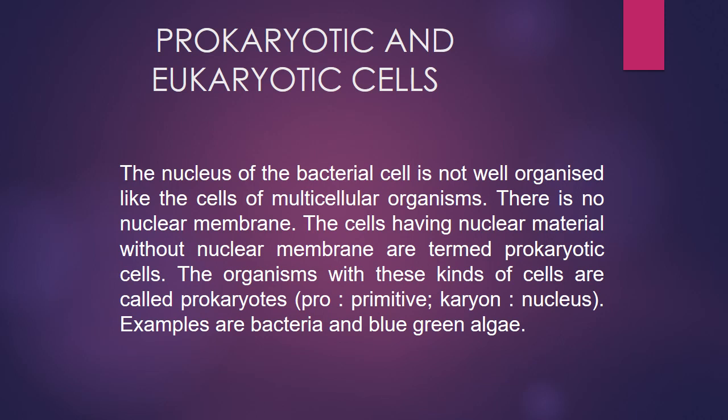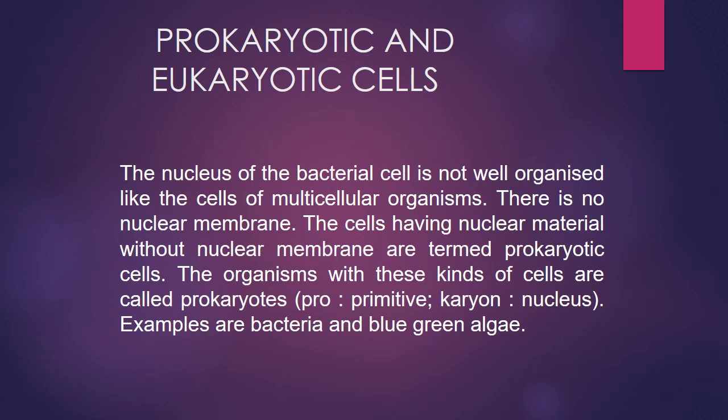In case of prokaryotic cell, the nuclear material is present in the form of thread-like structures only, a tangled mass, and the nucleus is not very well developed, and the various cell organelles are also absent. But all these structures are present and well defined in case of eukaryotic cell.